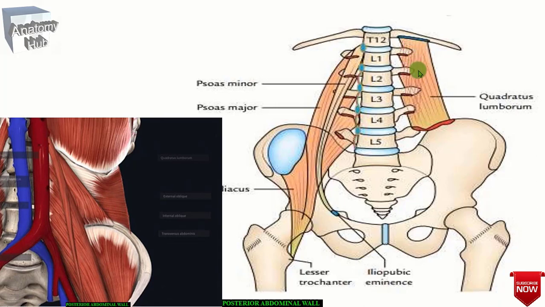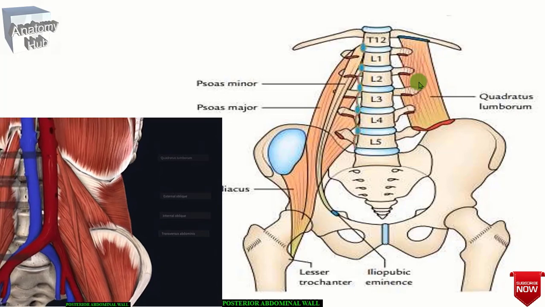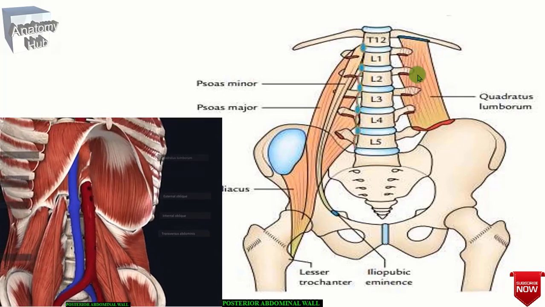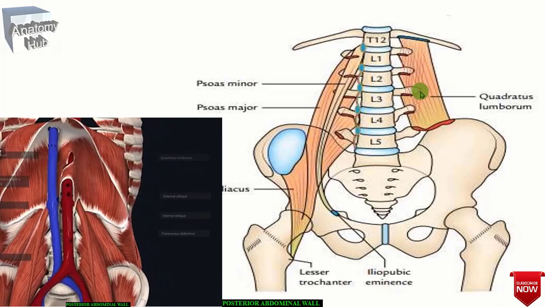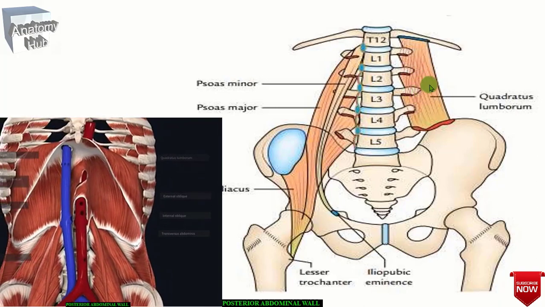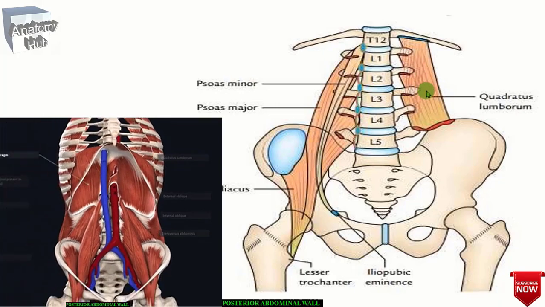Its nerve supply is by the ventral rami of T12 and L3, L4 lumbar spinal nerves, and its action is mainly that it is the lateral flexor of the lumbar vertebral column, and it extends the lumbar vertebral column.